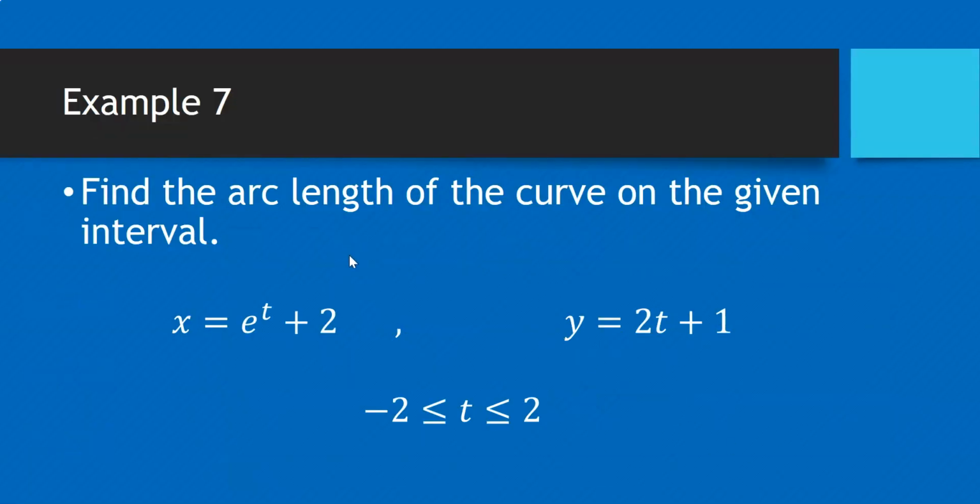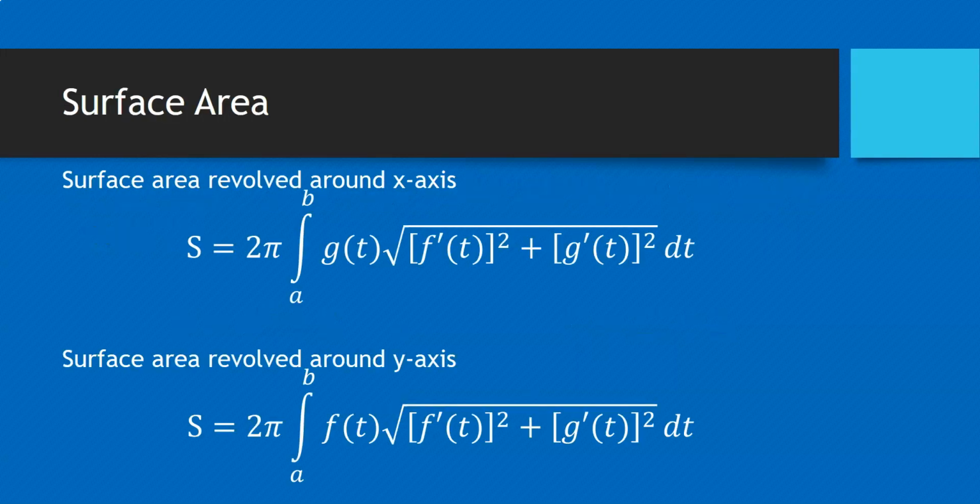So arc length is a fairly straightforward thing to deal with. Obviously, we can do arc lengths now of things like ellipses and hyperbolas over certain intervals. Now, remember, surface area kind of came out of arc length. And so what we're going to look at is two different surface areas. Surface area that I get when I revolve a curve around the x-axis.